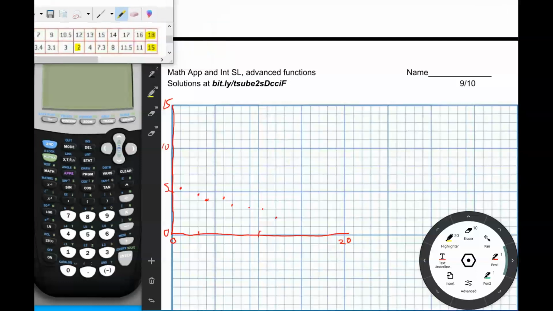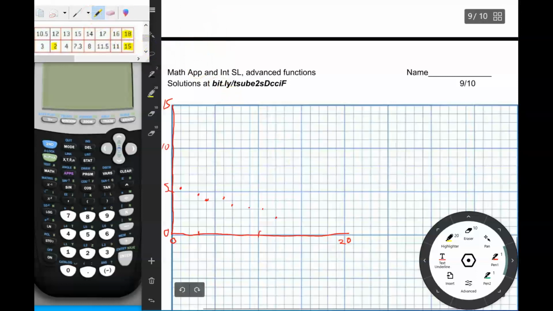And let's see, 13, 4 would be here. 15, 7.3 would be slightly above 7. 14, 8 would be right there. 17, 11.5 would be right there.